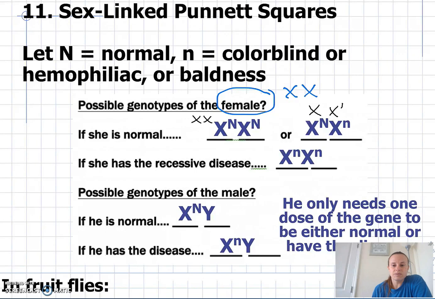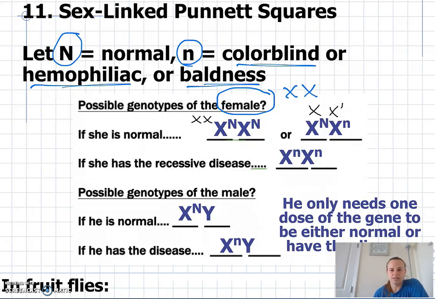We use the same nomenclature, capital letter and lowercase letter, to represent dominant versus recessive. Color blindness, being a hemophiliac, and baldness are all recessive diseases that are sex-linked. So we're going to let the capital N represent a normal individual, and a lowercase n represent an individual that has one of those sex-linked diseases.